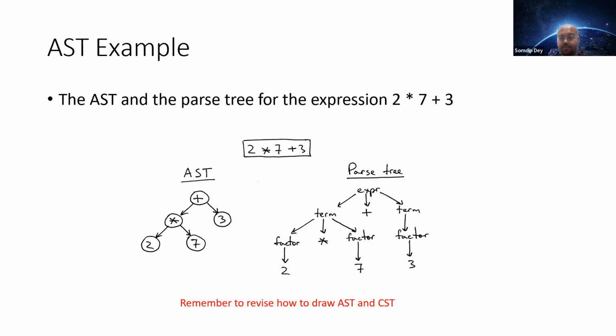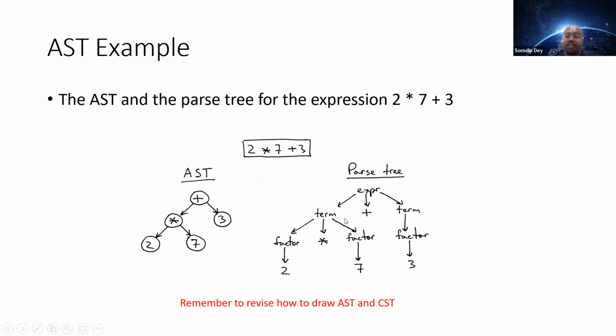Now, these were already covered extensively as part of your earlier lectures. So do revise how to draw AST and CST. The reason being, this holds a lot of marks. You can get almost 15 to 20% easily just by drawing AST and CST.